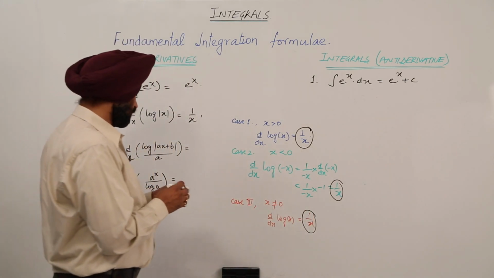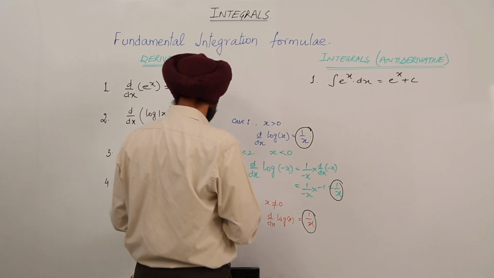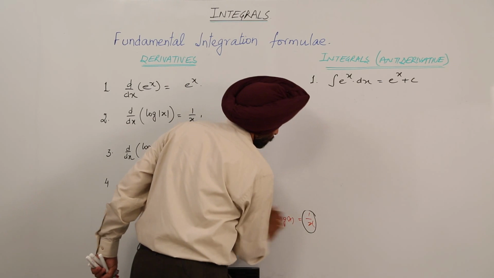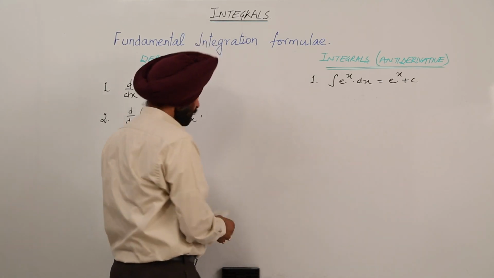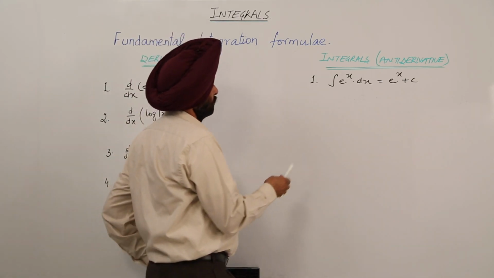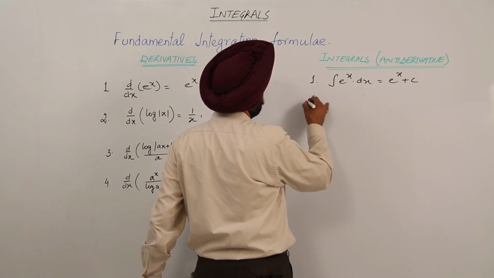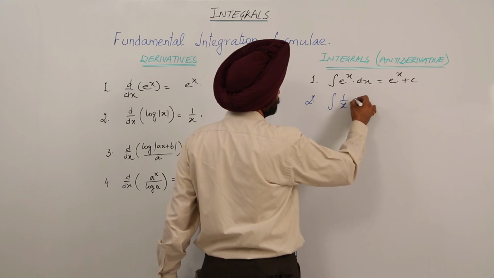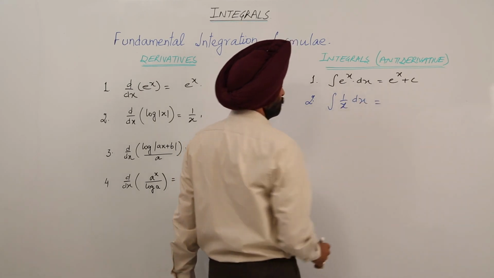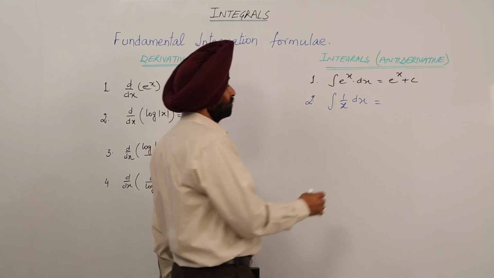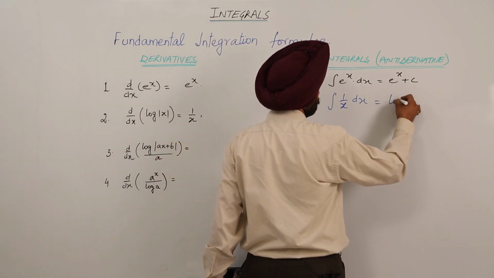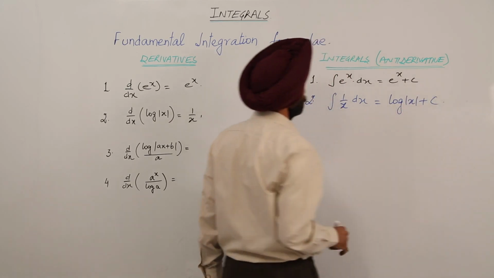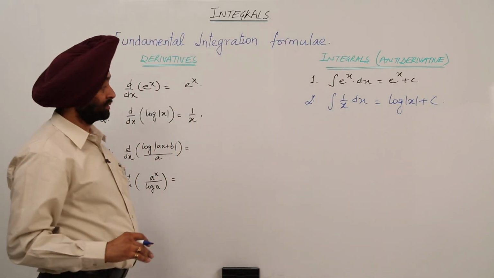Okay. So the formula will be: integration of 1 upon x dx is equal to what? Log mod x plus c. Okay, always you have to write log mod x plus c.